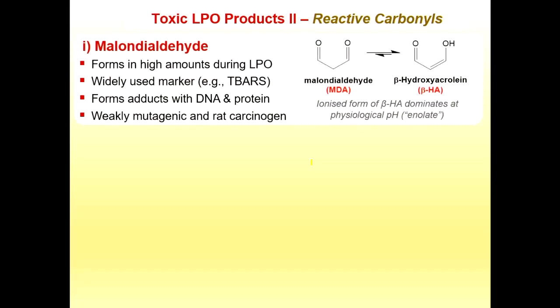But then we come to the reactive carbonyls, and these really are probably very significant mediators of oxidative cell injury. After being formed in the lipid membranes, they have the ability to get out of the membrane and swim through the cell and even into adjacent cells, causing toxicity there. This can be an issue because within a complex tissue, different types of cells have different capabilities to metabolize chemicals.